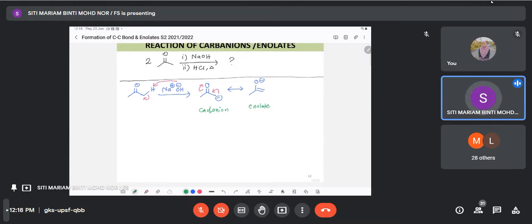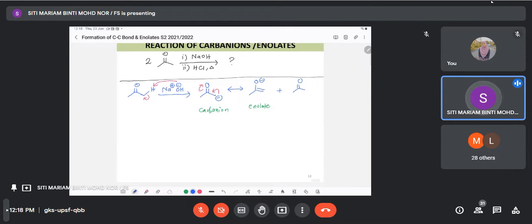Now I'm talking about identical ketones. As I said, you can use different ketones: ketone 1 reacts with base, and then ketone 2 will react with the enolate. Simply like that.